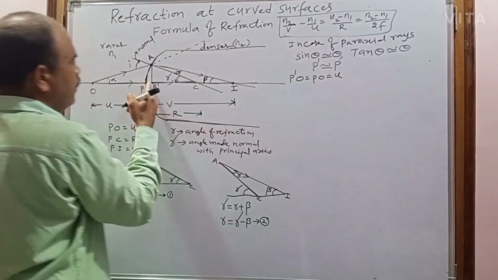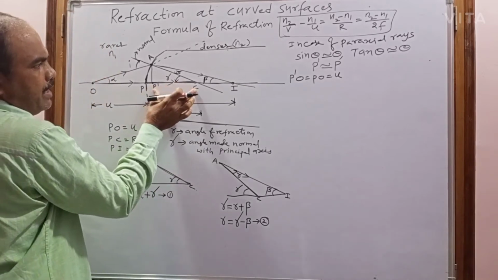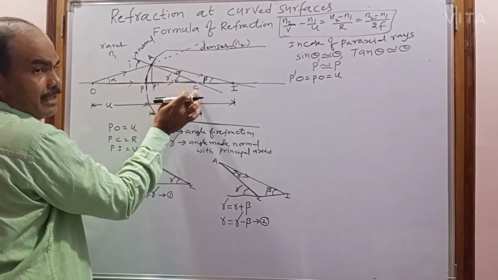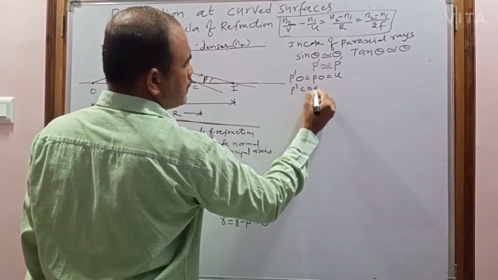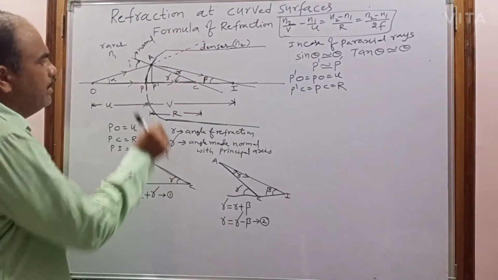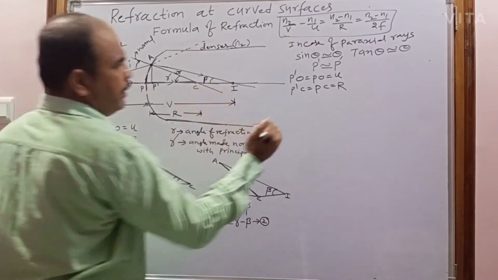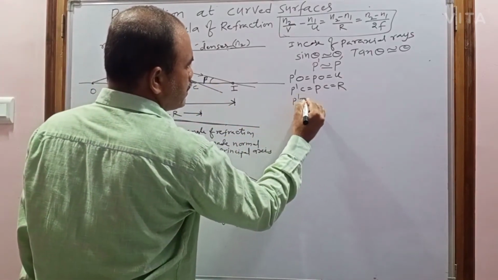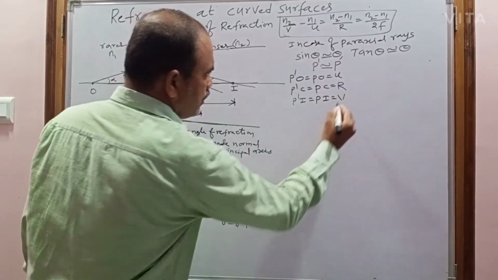PO is the pole to object distance, u. PC is the radius of curvature. And P dash I can be taken as PI, which is the image distance. So you have to remember this.